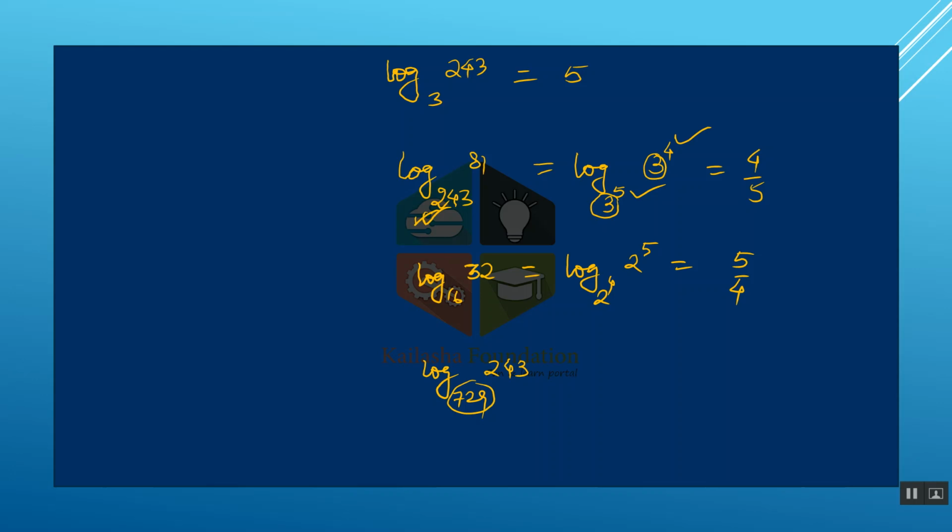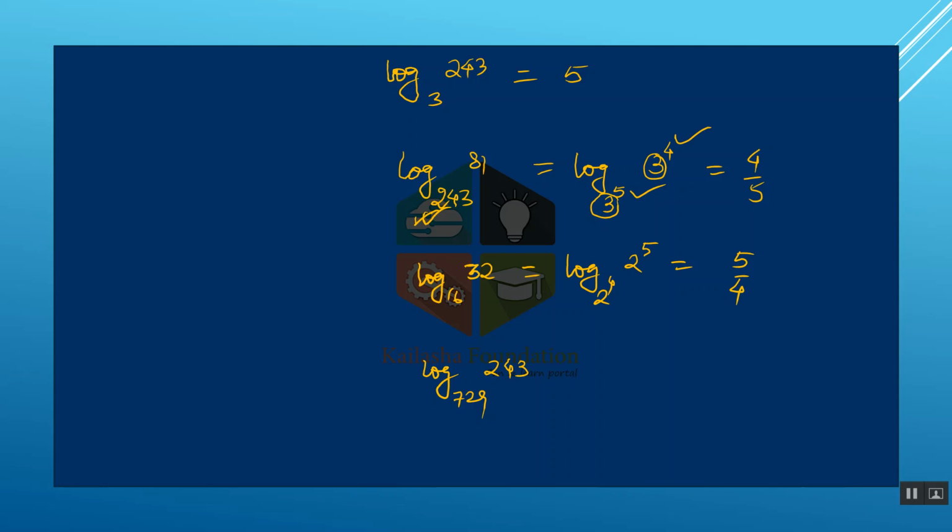How do you pronounce it? Many of you pronounce it incorrectly. Many of you don't know how to pronounce it. Many of you say log 729 raised to the power 243.